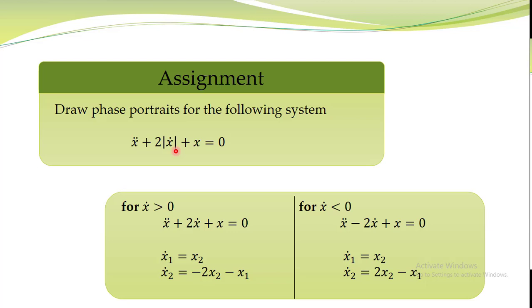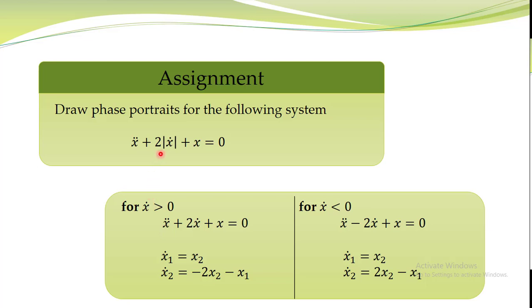So remember that this approach becomes more complex when you have a highly nonlinear system. The example that we considered in previous slide was example of a linear system. That is why the isoclines were described by straight lines. This is also somehow can be split into two linear systems. This is also easier.